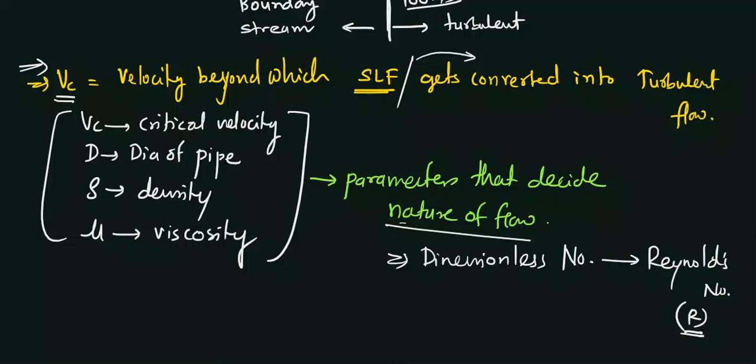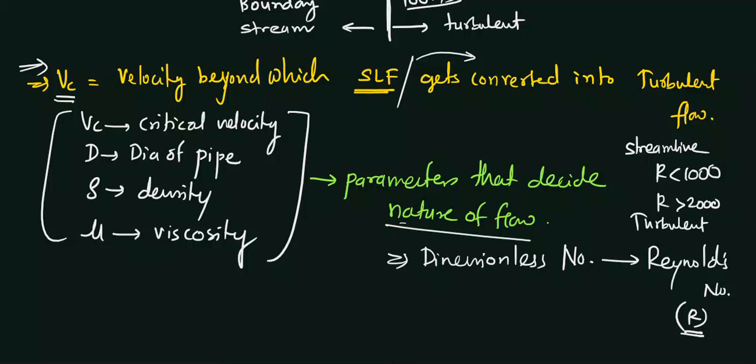Okay, if the Reynolds number is less than 1000, you can say that the flow is streamline. If it is greater than 2000, you can simply say the flow is turbulent.